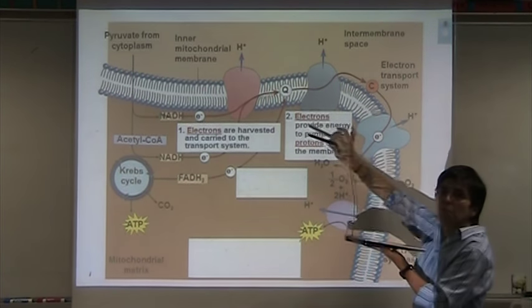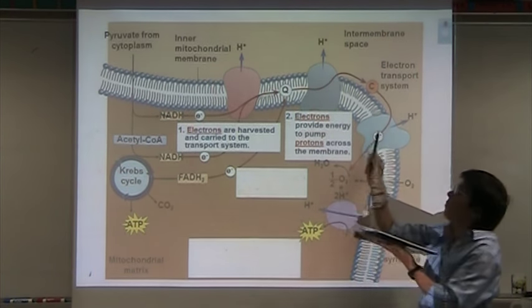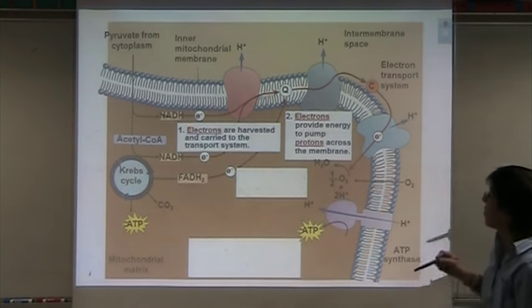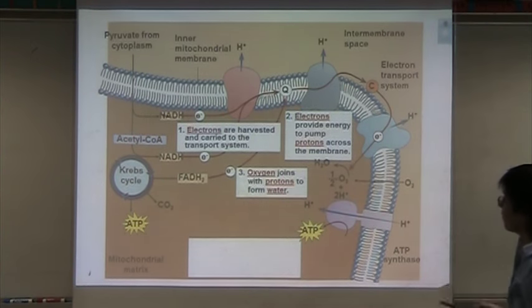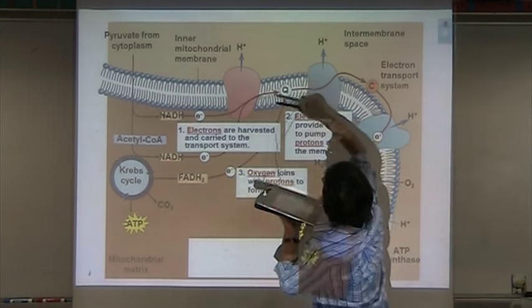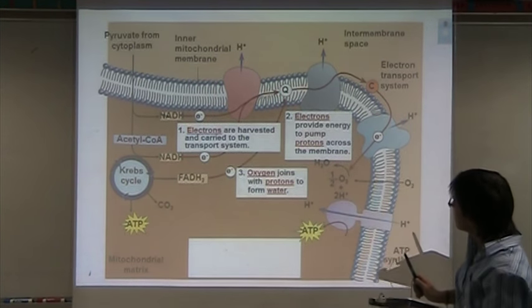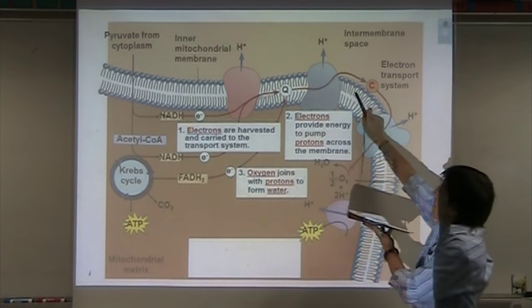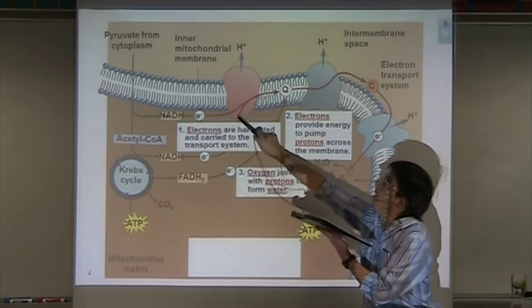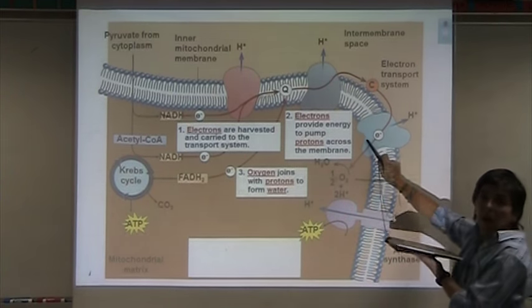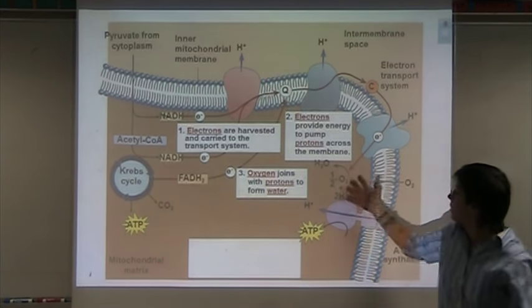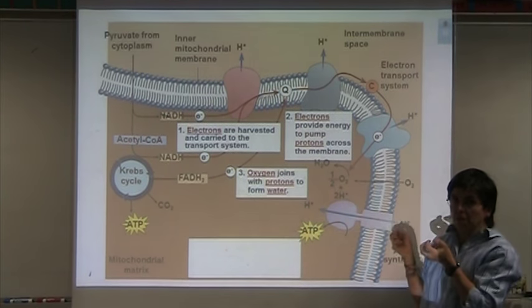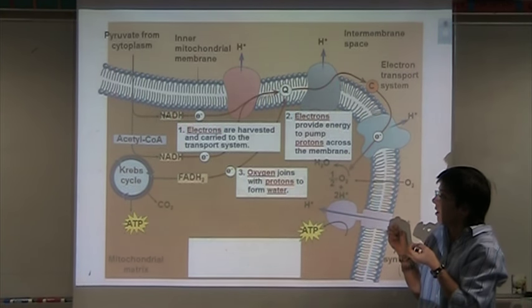But these electrons are providing the energy that these proteins need to pump hydrogen ions across the membrane. You are pumping hydrogen ions across the membrane, and at the same time, the electrons are moving from one electron transport carrier to another, because at the end of the process is oxygen pulling these electrons.